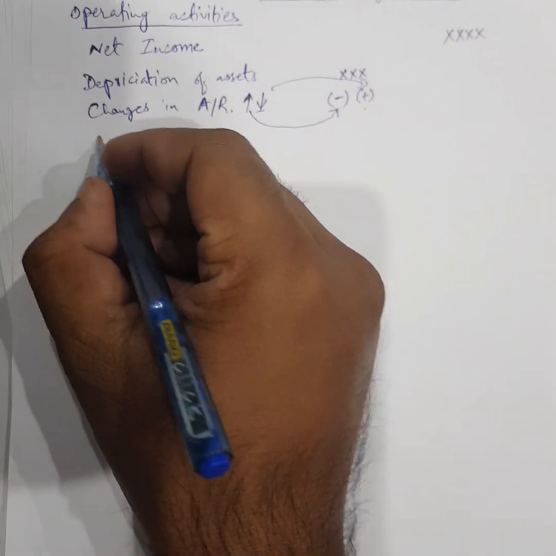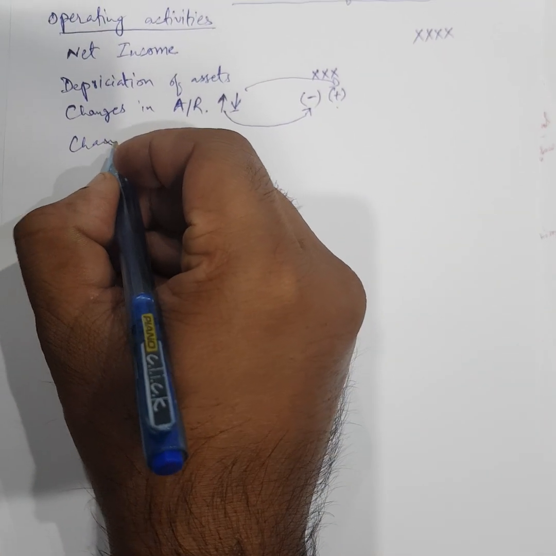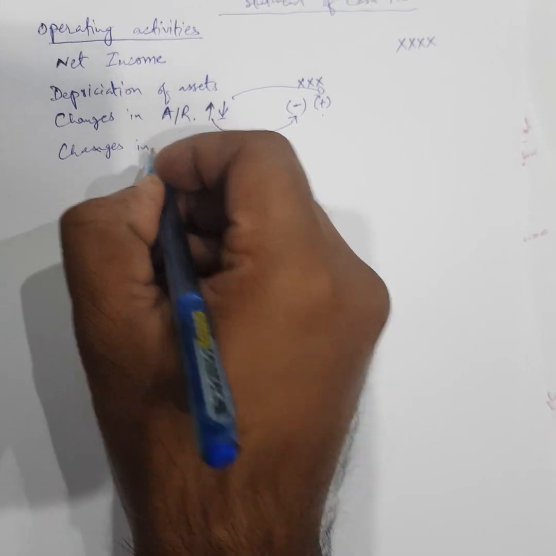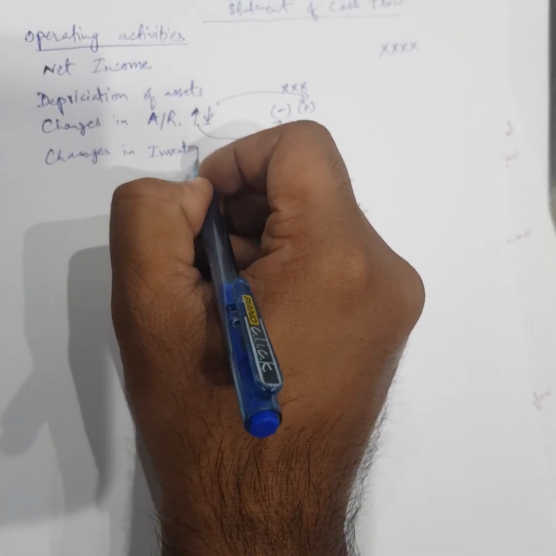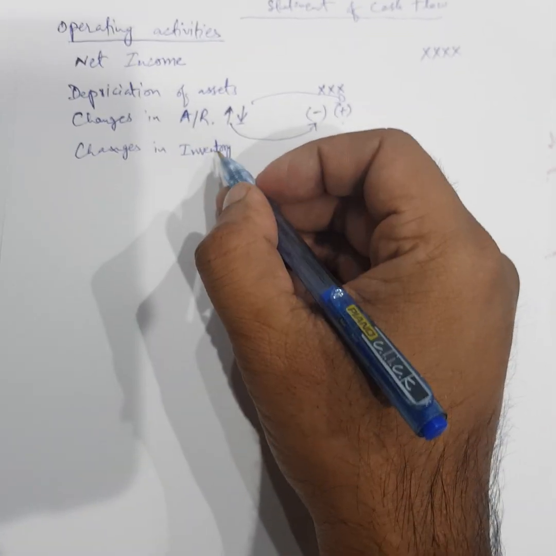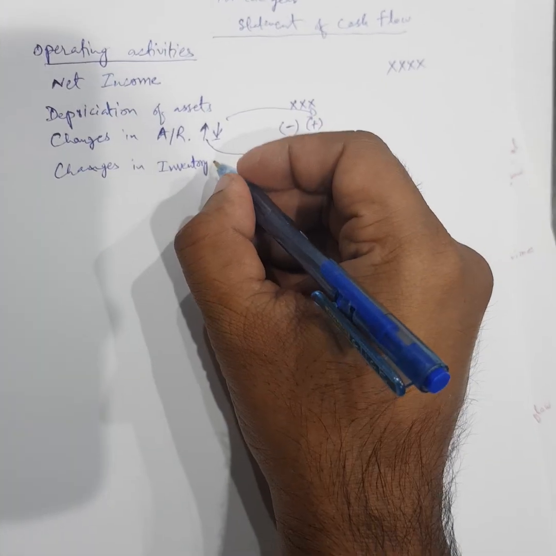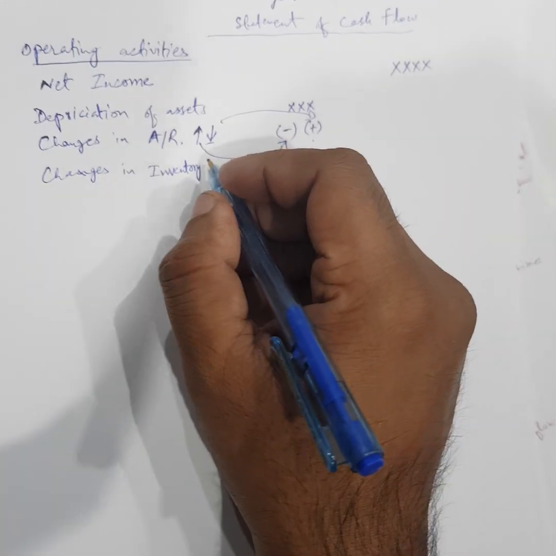In the same way, whenever we say changes in inventory, again it is the same. If we are purchasing the inventory on credit or on sales, what will happen?